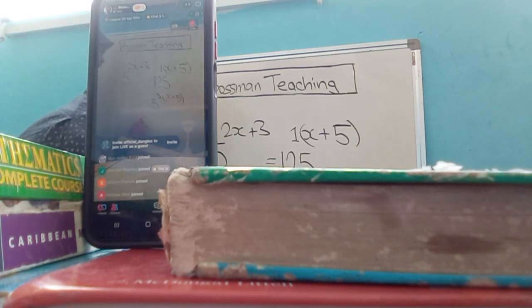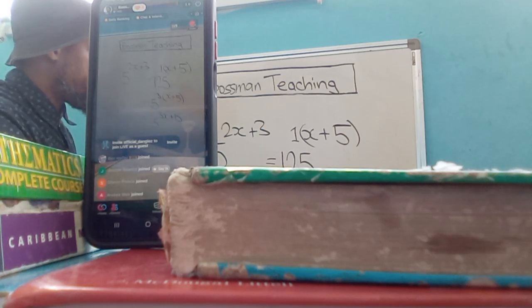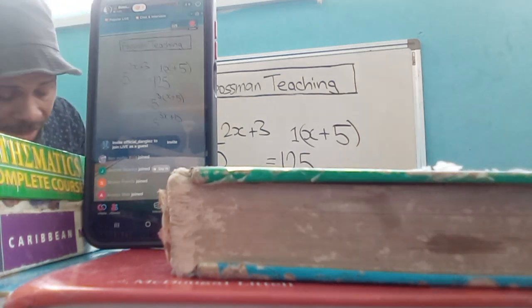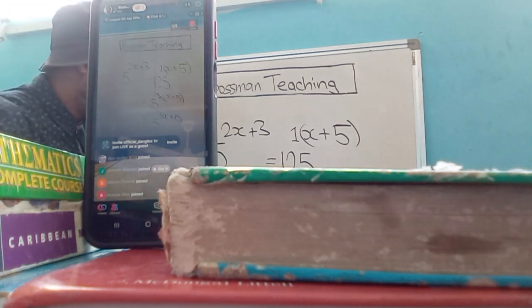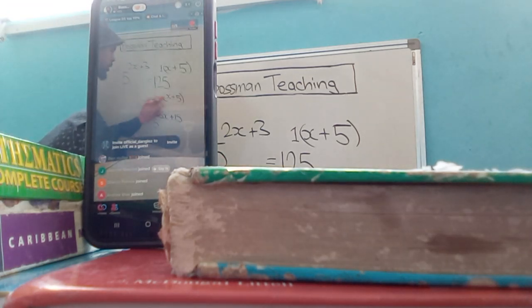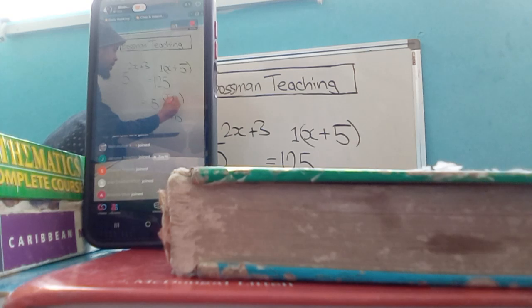So the next line you will have, let me see if I can write that in a different color. So I have x plus 5 here. So it will be 3x plus 15.